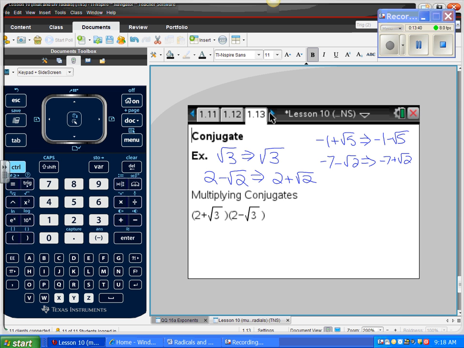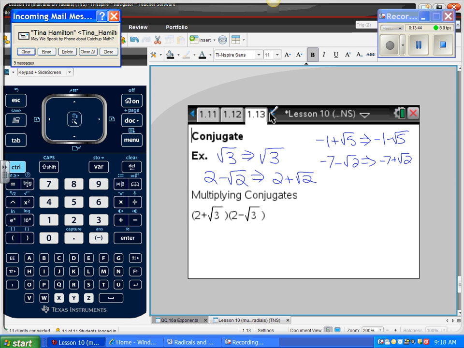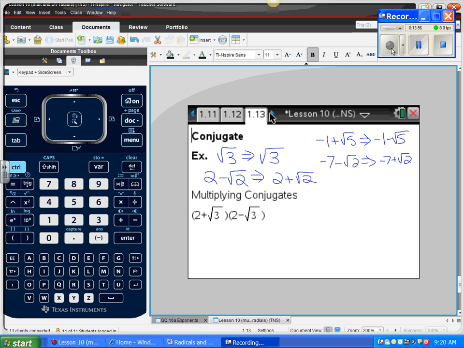So I've got 2 plus radical 3 times 2 minus radical 3. Conjugates, right? So how do I multiply together two binomials? I FOIL. Okay. So I want you to FOIL these out, and I want you to tell me what happens. Okay, I'm going to pause here. 2 times 2. 4. 2 times negative radical 3? Good, negative 2 radical 3.